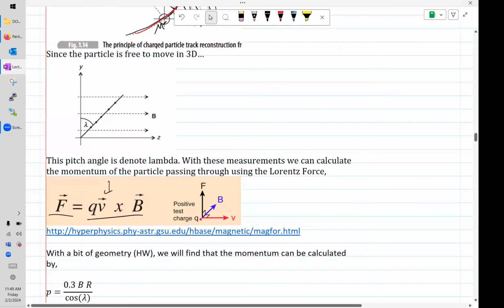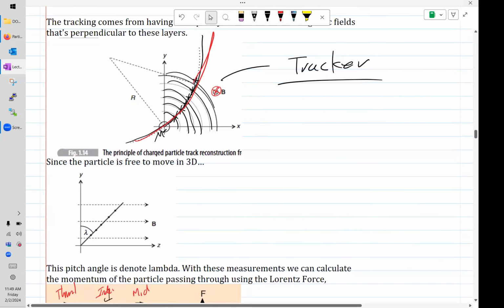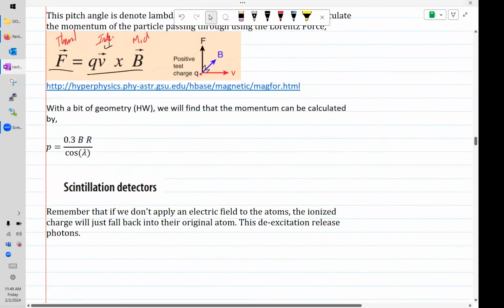To figure out what the force is, you take the first vector, your index finger, then your middle finger, and the direction of your thumb. The velocity is going this way, the magnetic field is going into the board. If you use your right-hand rule, you're going to see there's a force pulling it this way. So that's why this particle curves the direction it does.